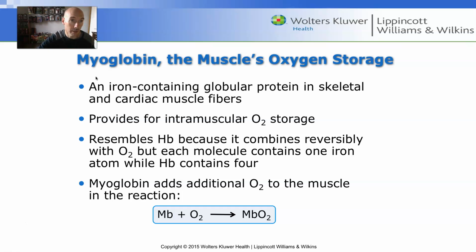What we see with, I think I might have touched on this in the previous lecture as well. One of the adaptations to aerobic exercise is we increase the concentration of myoglobin in trained muscles, which means you have a greater capacity to move oxygen from the cell wall into the mitochondria.